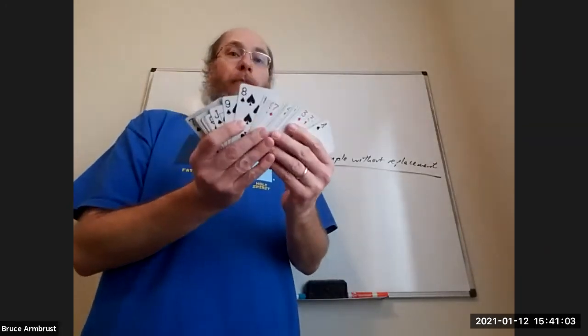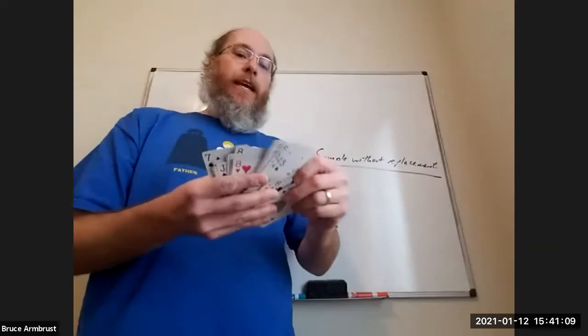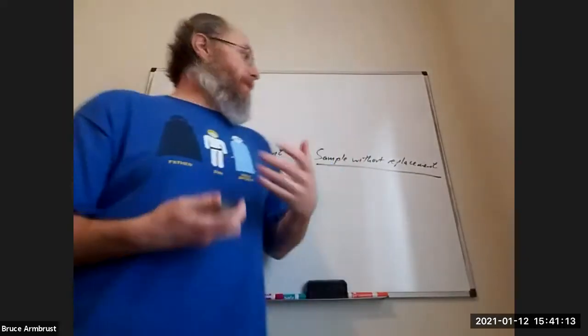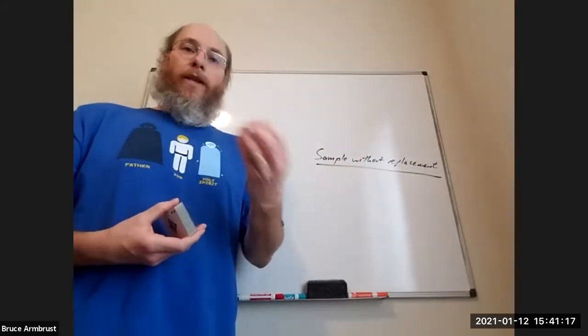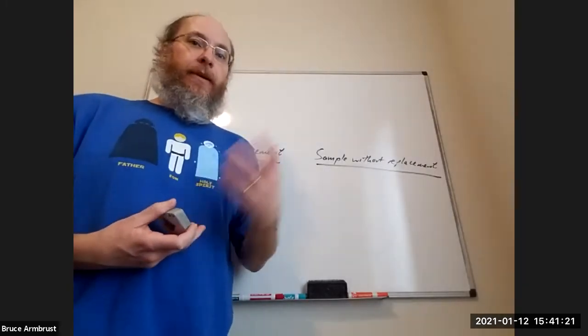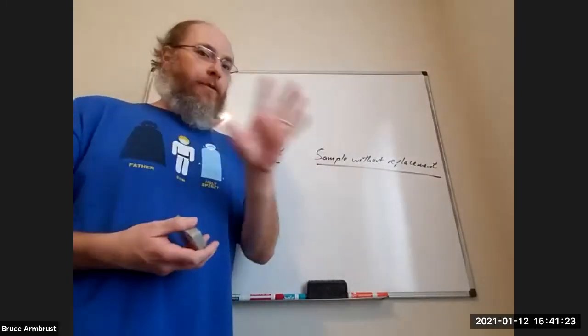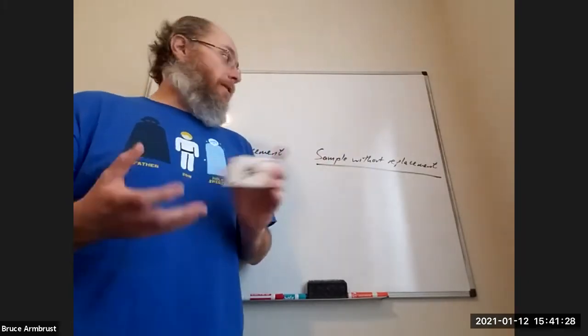So now my population is down to 50. Now there's 49, now there's 48, now there's 47. So when you sample without replacement, when you choose an element to be part of your sample, it's no longer part of the population that we draw from anymore. All right, so that's without replacement.